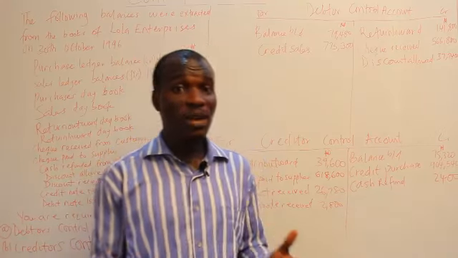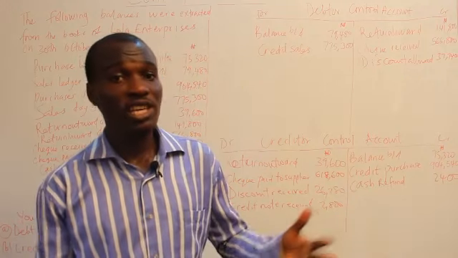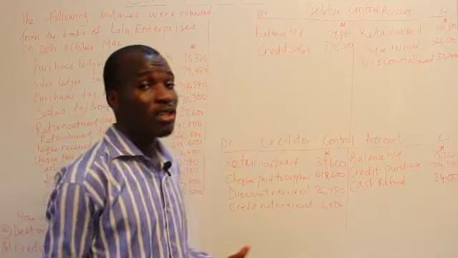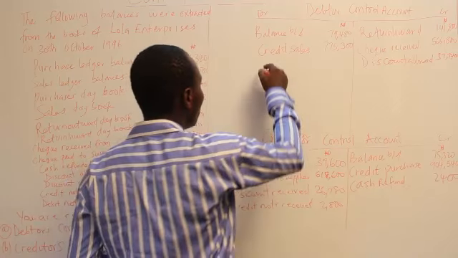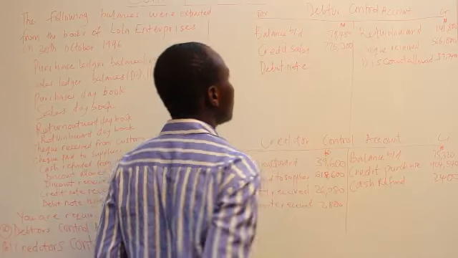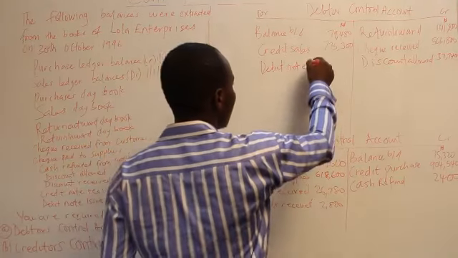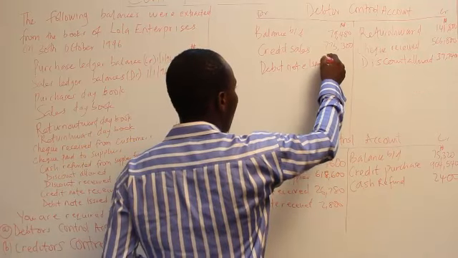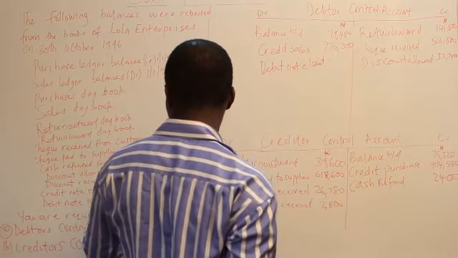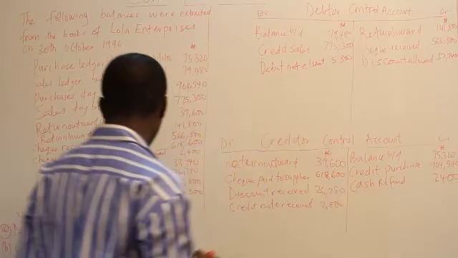So if a debit note is issued, the personal account of the customer has to be increased by the amount of the debit note issued. So debit note goes to the debit side of the total debtor control account. So debit note issued will be here, which is 5,300.